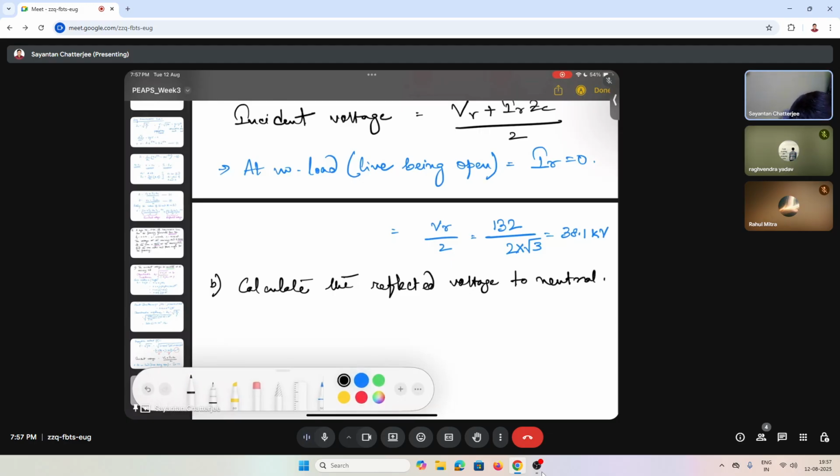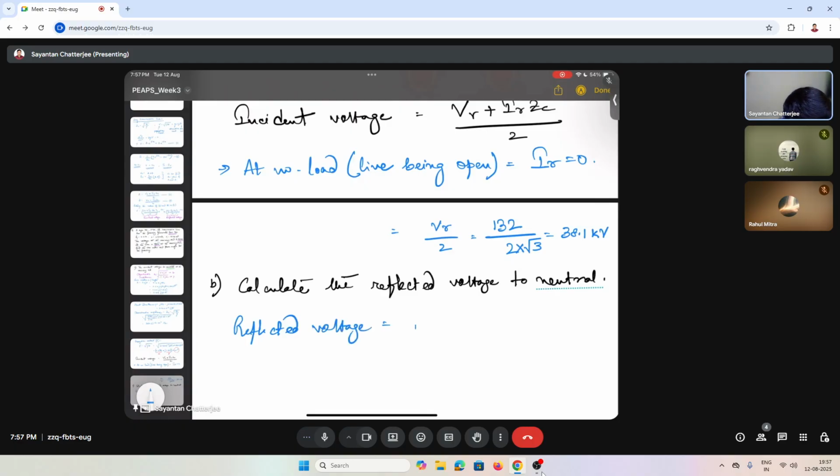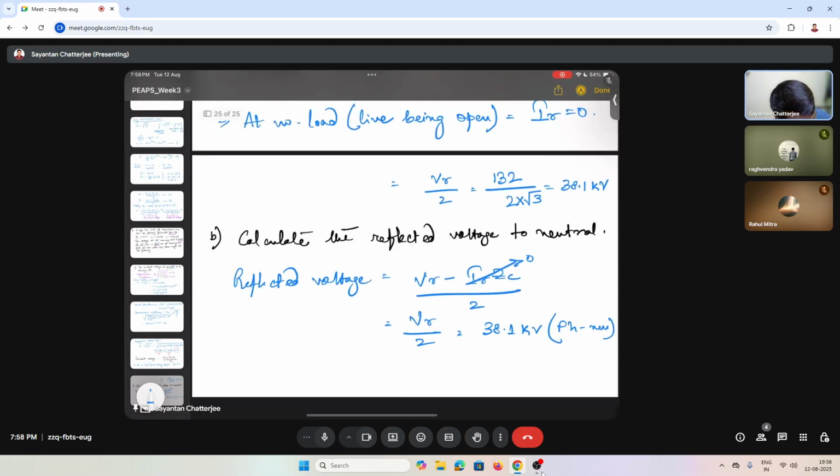So in this case also the value will be the same. Since IR is zero, the value will be 38.1 kilovolts, line to neutral. So same for both of these.